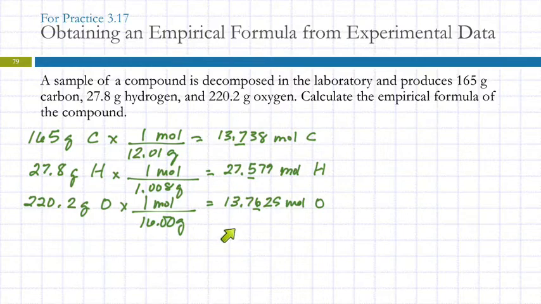So I'm going to look at my numbers of moles, and I'm going to pick the smallest one, because my numbers need to be integers, 1 or larger. So I'm going to pick the smallest one, which is this one. I'm going to divide everything by the smallest one. So when I divide this by itself, of course, I get 1. Of course it is.